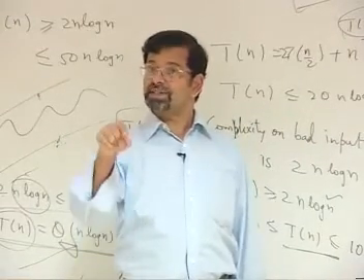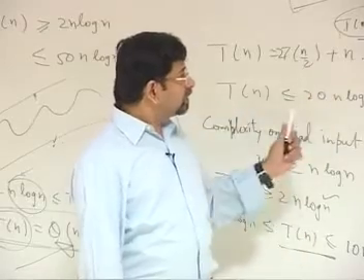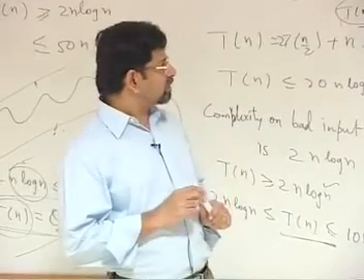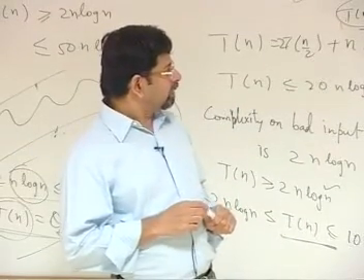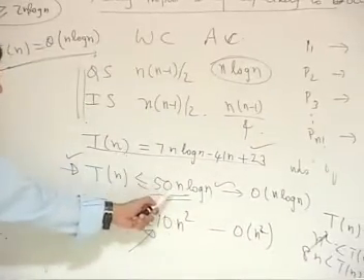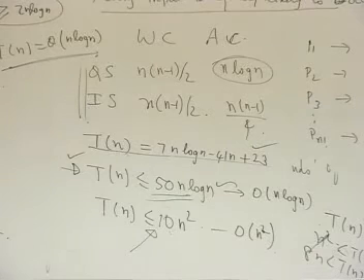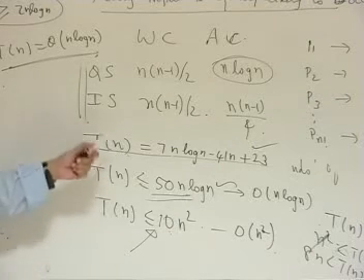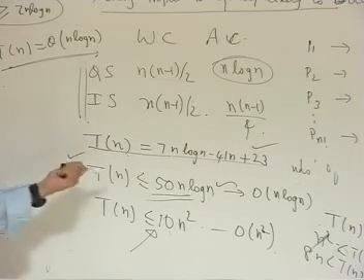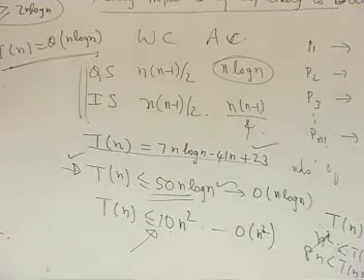The proof that it is exact complexity comes by a matching lower bound. The reason for this confusion is that if you have proved 7 n log n and 15 n log n, this is also order n log n, but until a matching lower bound is proved, you don't know what exactly T of n is. T of n could be even much less, right? And that is what the confusion is.